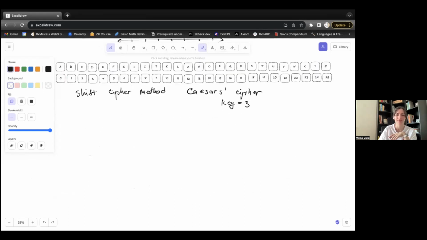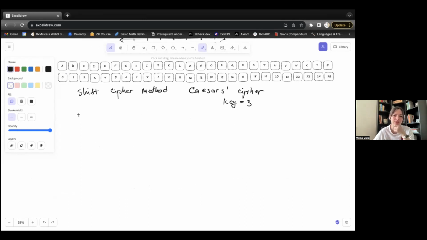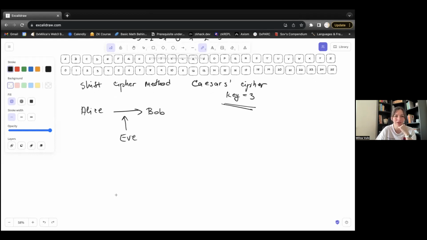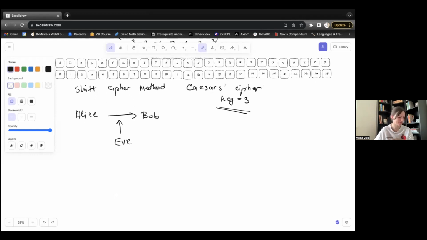So you can say Alice sends some kind of message to Bob. It's usually like that, but some kind of Eve wants to intercept that. She wants to know what Alice sent to Bob. But Eve does not know about the shift cipher method and does not know about the key. So Eve will have a bad time trying to intercept the message.